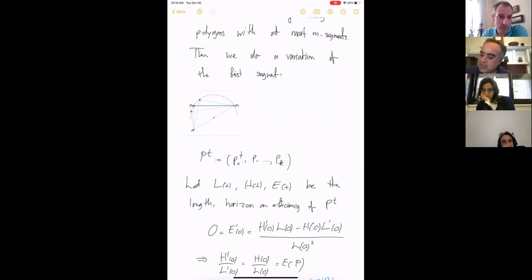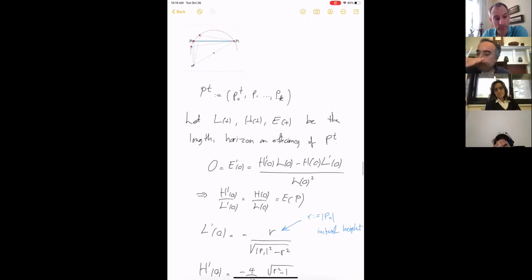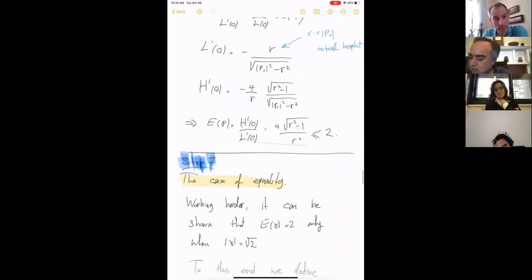But we basically generalize this variation: if I have a line segment, you can do this step, then you move the first segment a little bit up, then you choose another point on the curve and move it a little bit up again. You do it in a sequence of steps, then you increase the number of steps, and then you write some integrals which control how much the efficiency changes when you do this variation.